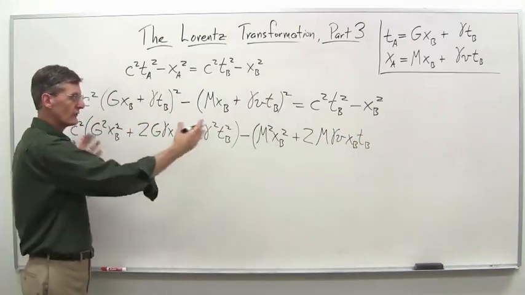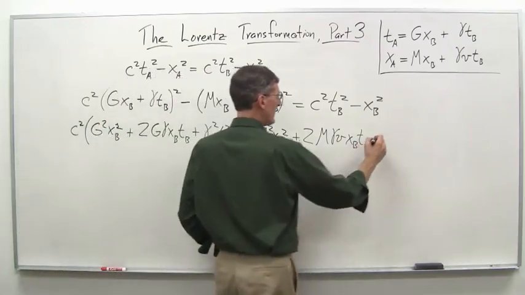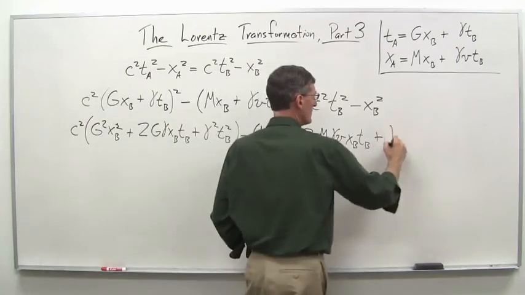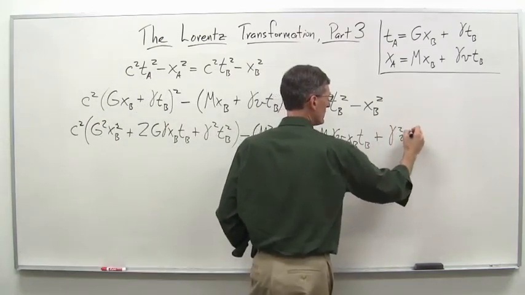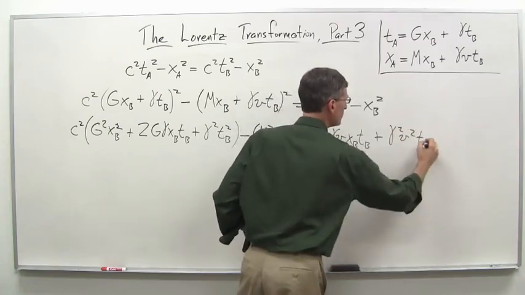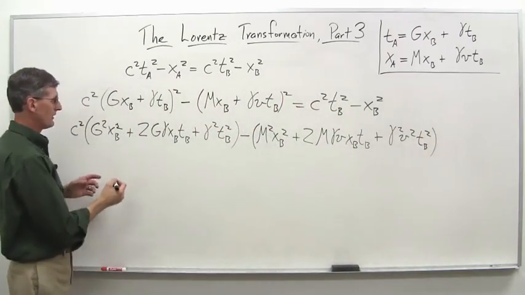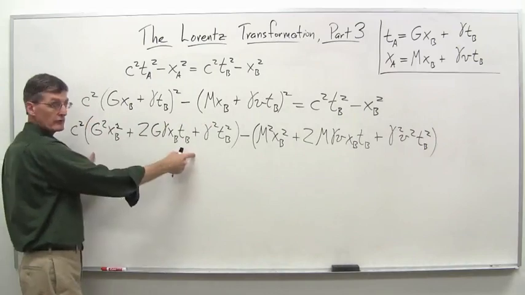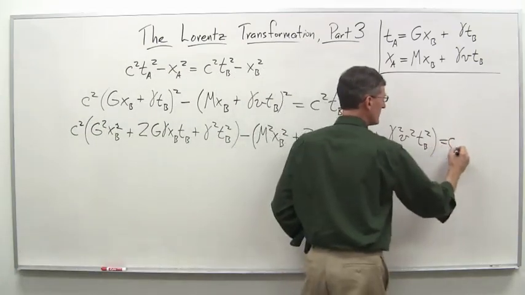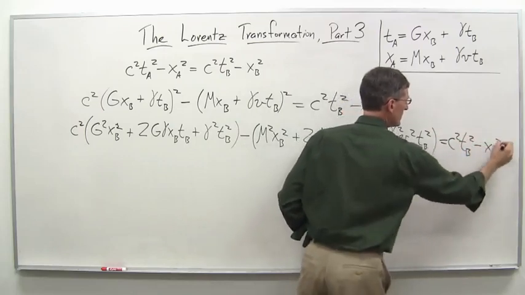It looks horrible perhaps, but again, take it step by step and we'll get there. And plus then this thing squared, gamma squared v squared tb squared. Oops, not vb squared, of course, v squared tb squared. Okay, so that's c squared times this minus this thing squared, and it all equals c squared tb squared minus xb squared there.